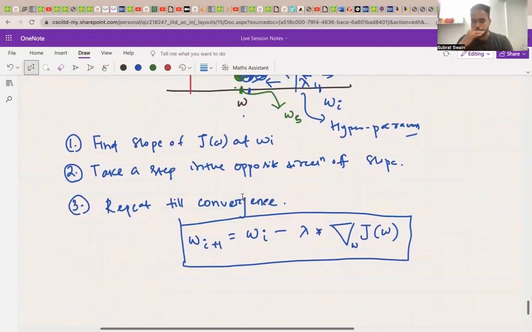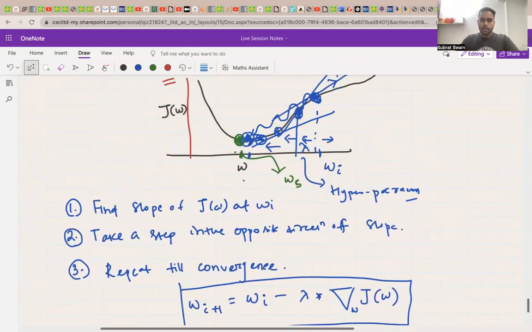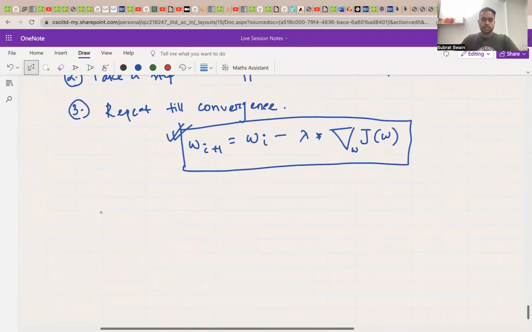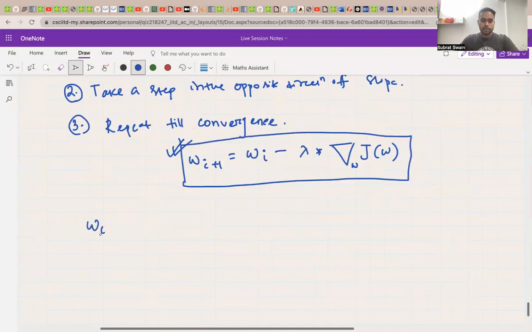You have to repeat this step till convergence. Initially you will have w1. After iteration 1 it will be w2. After iteration 2 it will be w3. You repeat this till the last point, and you will have, say, wk or wm.